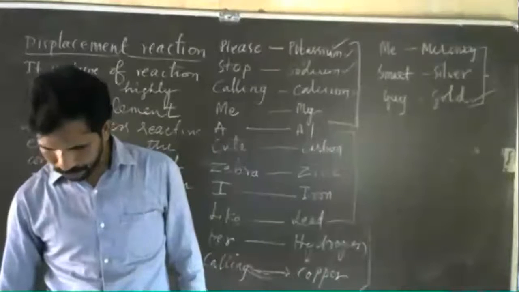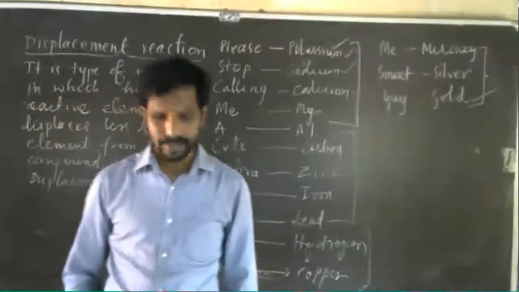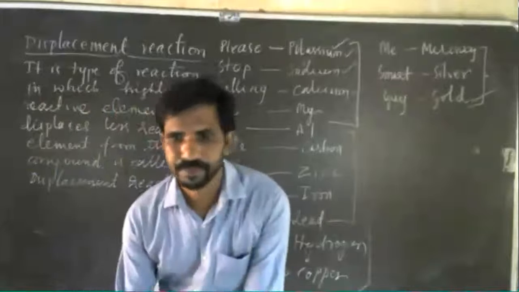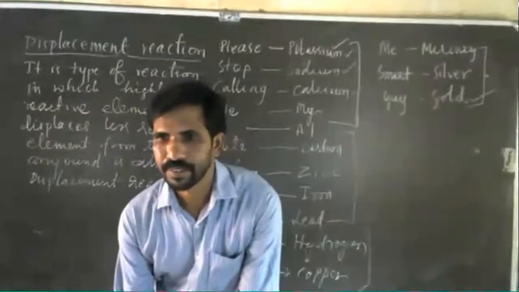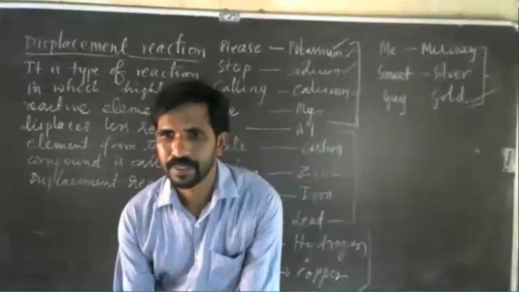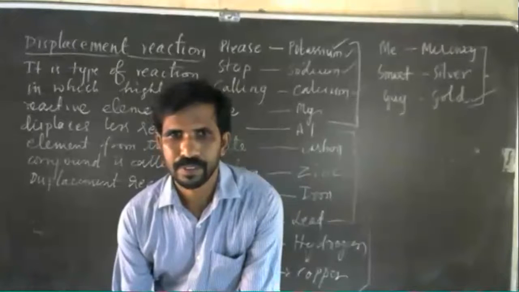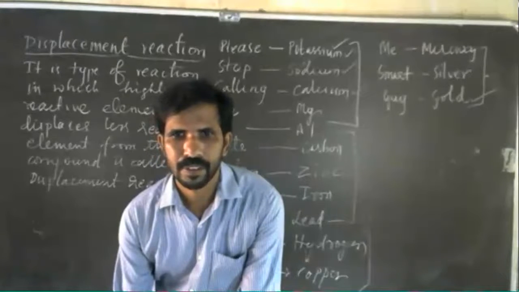In your textbook also it is given, but it is not given in the first chapter. It is given in the metals and non-metals chapter. If you have the textbook, it will be good.